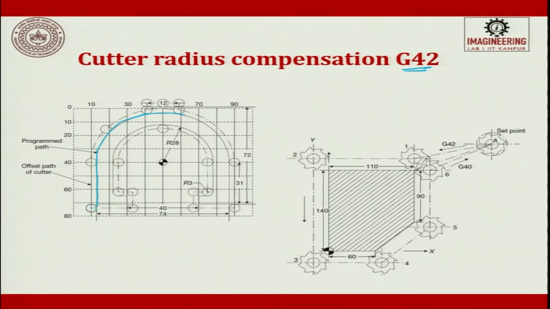You see there is an offset path of the cutter which is generated, this dashed line. So this is what is created. This is the G42 command.